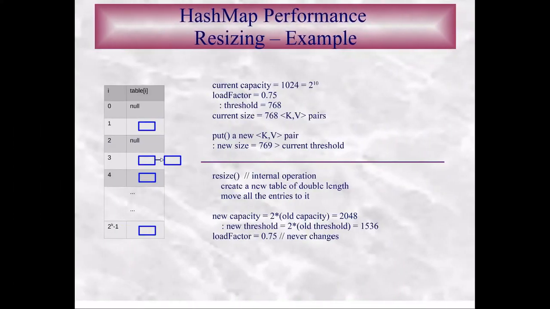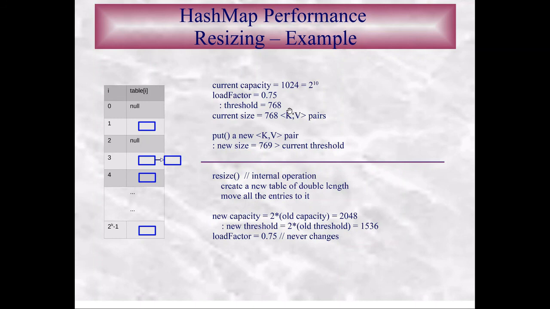Before we proceed, let's pin these down with a specific example. Currently, this is the table length. We have 1K buckets in the table, that's 2^10. The load factor is the default 75%.